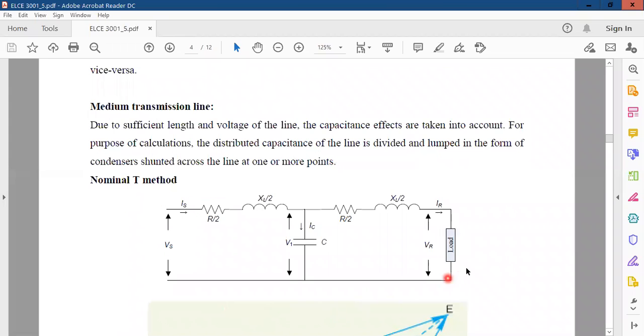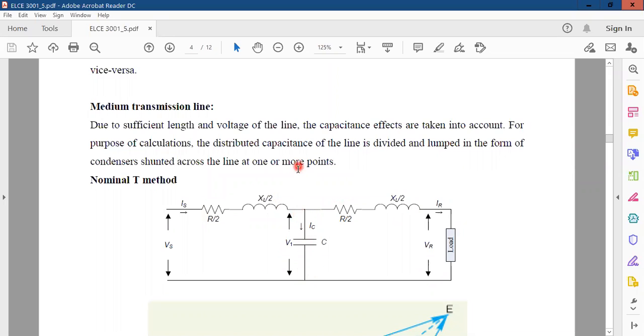We draw our transmission line as letter T here and here. It means that we divide our resistance and reactance by 2. We have half of the resistance and inductance on this side, and then the other half on this side, while the total value of capacitance will be in the middle.